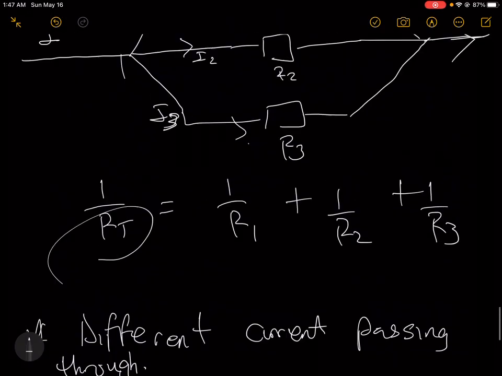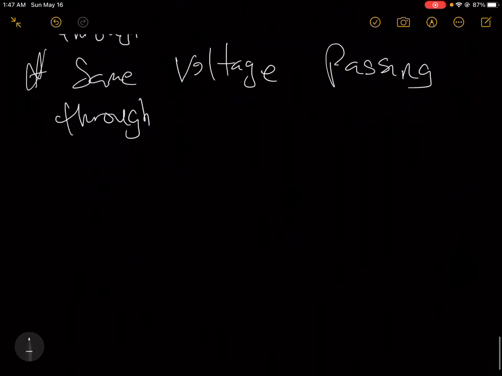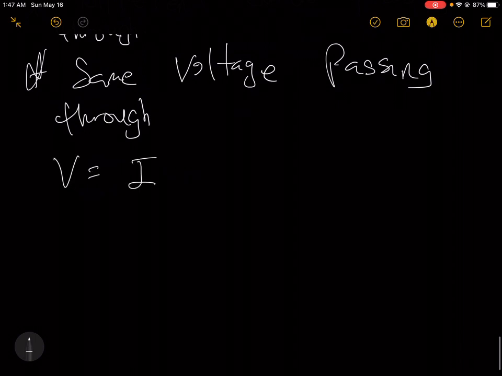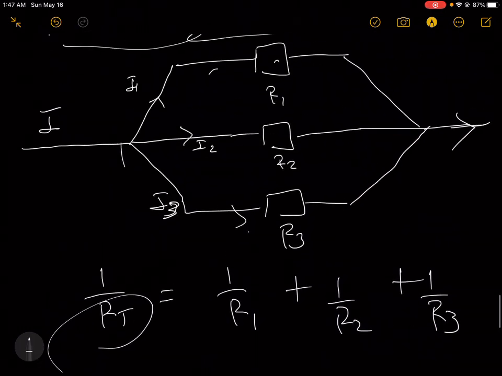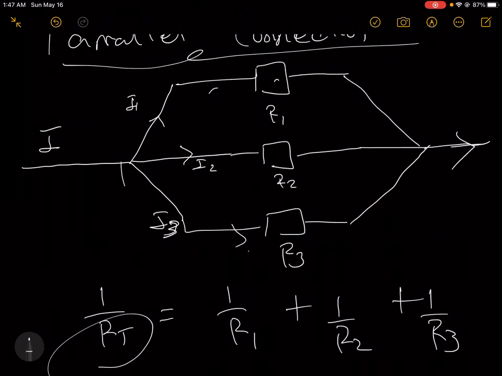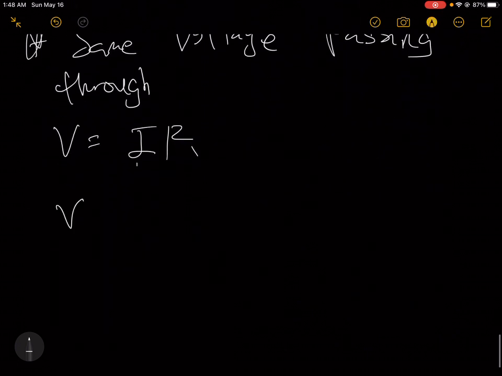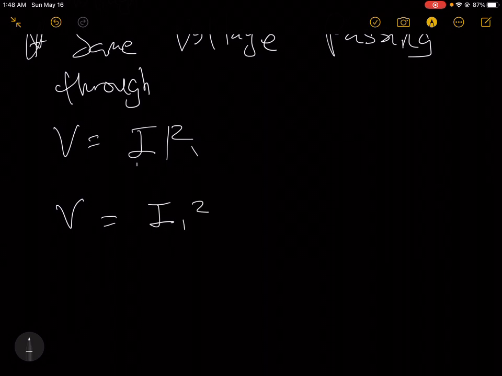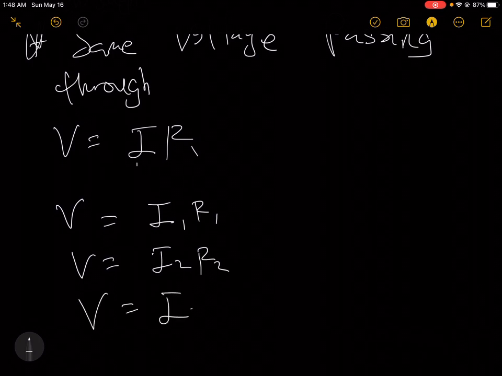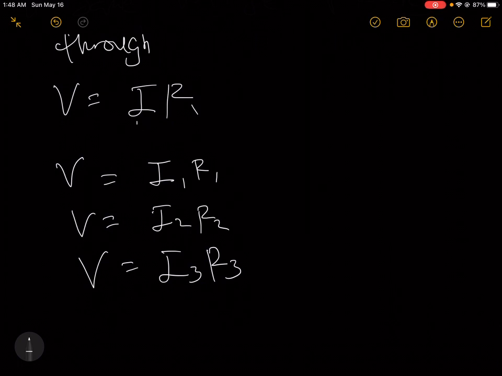So for example, according to Ohm's law, where V equals IR, where V is voltage, I is current, and R is resistance, when you want to do the reading for this one, V will be I1 R1, V will be I2 R2, and V will be I3 R3. Remember I said the voltage is the same.